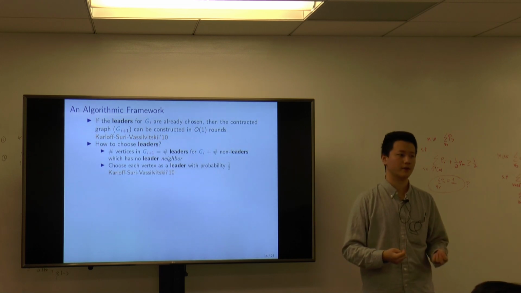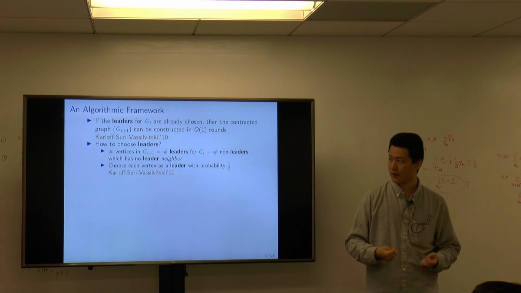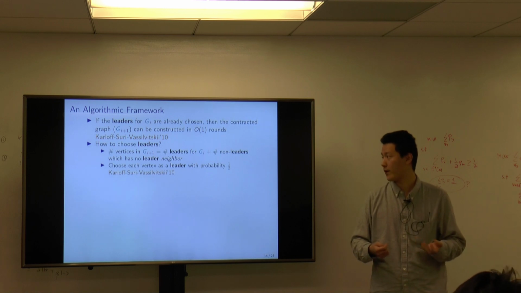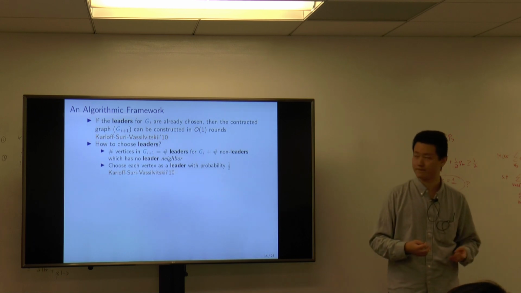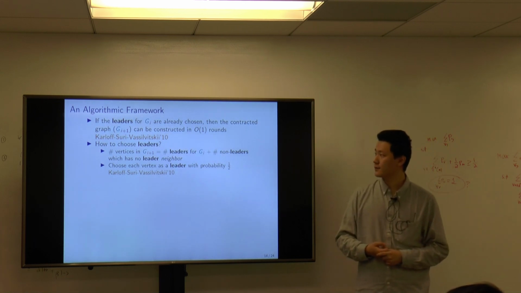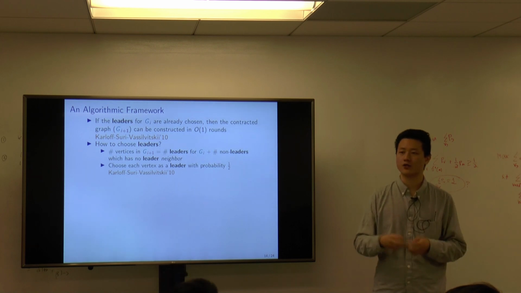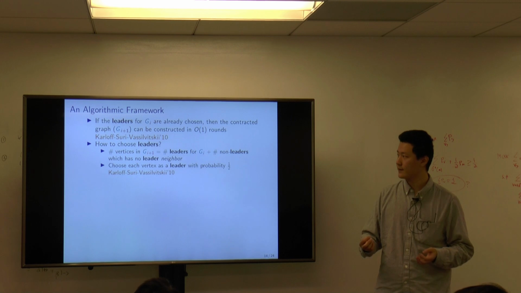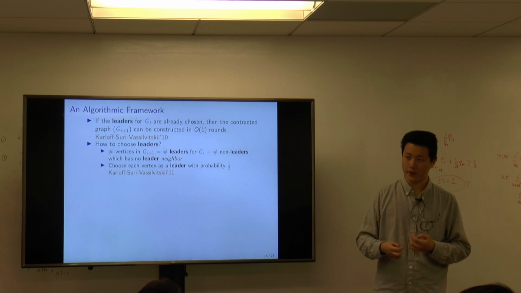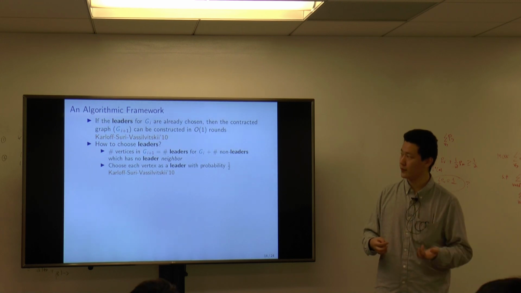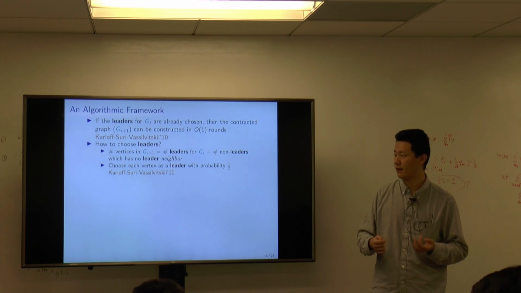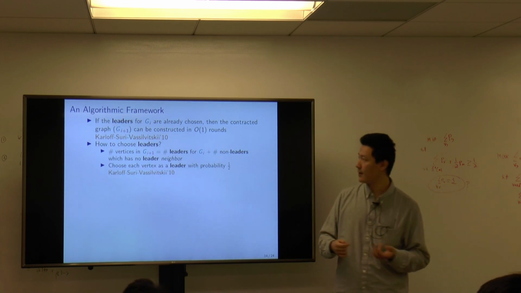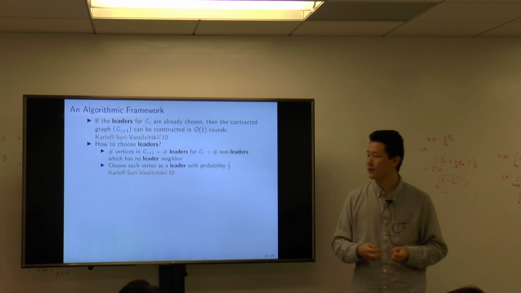And each non-leader vertex, with constant probability, will have at least one leader neighbor. So each time we can contract a constant fraction of the vertices, so we can solve the connectivity problem in log n rounds.